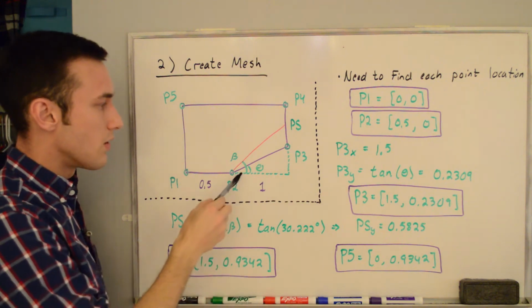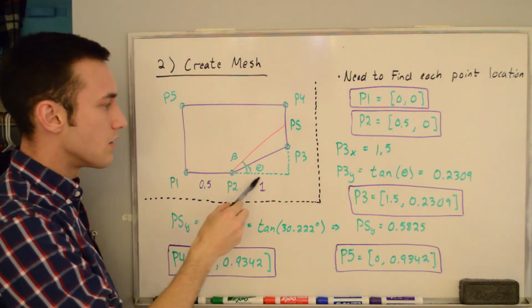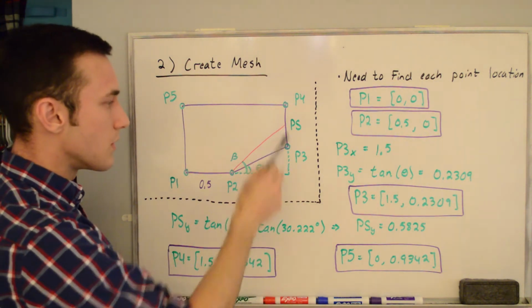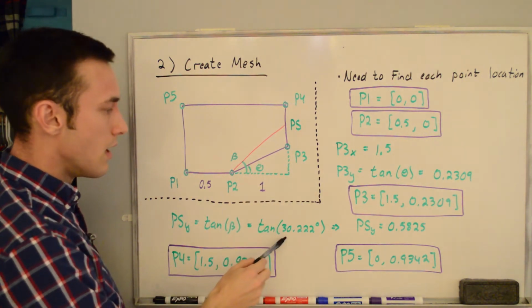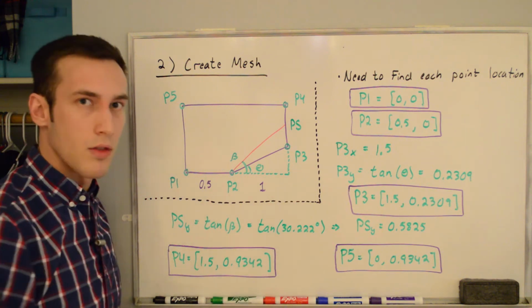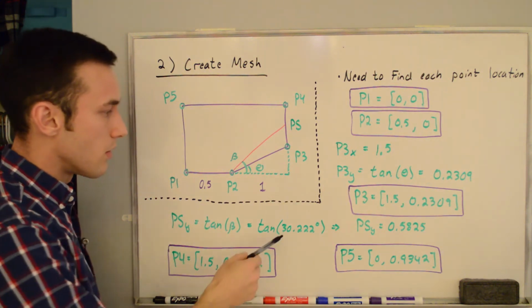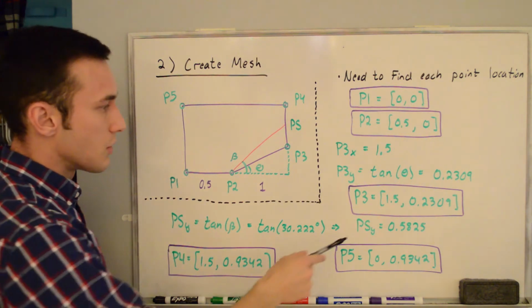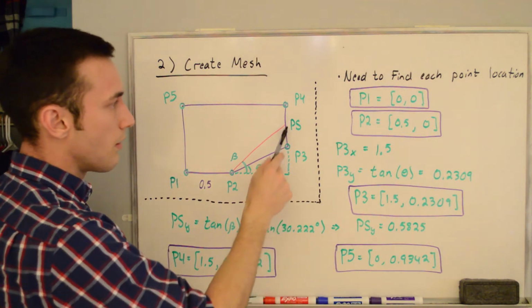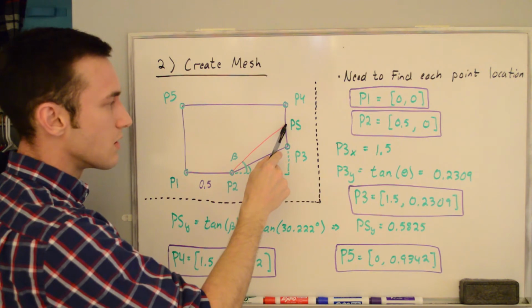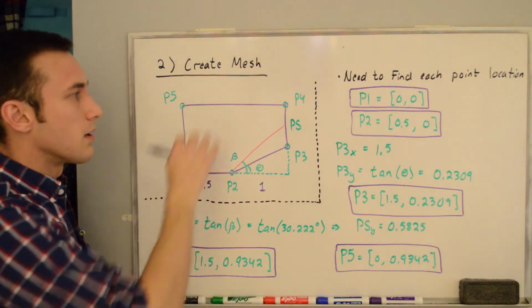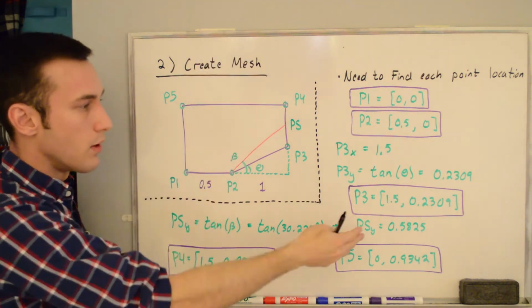We can find that using the tangent of beta, knowing that this is equal to 1 still, and so we can solve for the y position, PSY, by plugging in the beta angle, which I found using the theta-beta-M relation to be 30.222. Go back to my oblique shock example problem if you need a primer on that. And so that distance from here up to the point where the shock exits the boundary is going to be 0.5825. And so all you need to do is pick a top boundary that's higher than 0.5825.